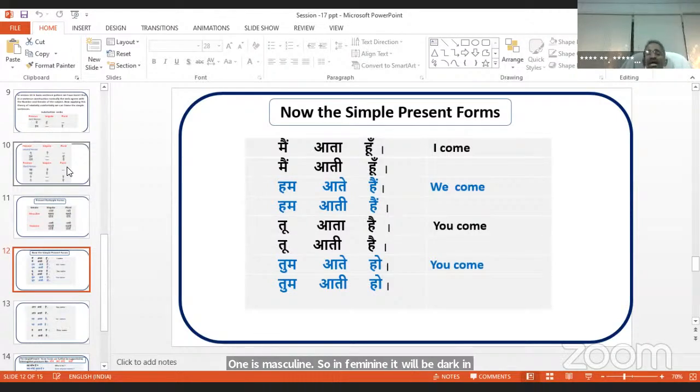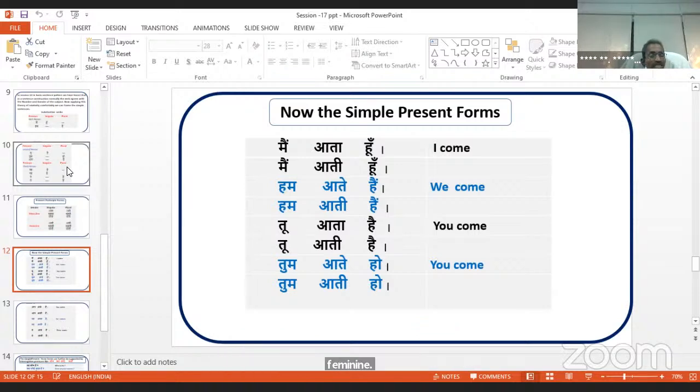In case Ram says I come, then Ram is masculine, so Ram will say main aata hoon. If Rita, who is feminine, says it, she will say main aati hoon.